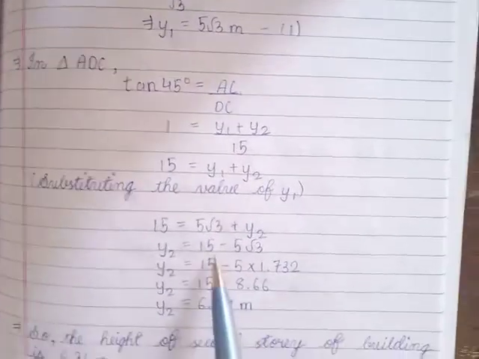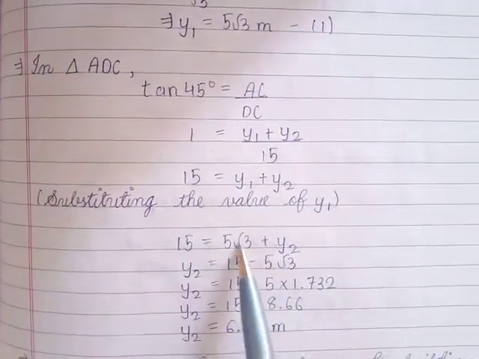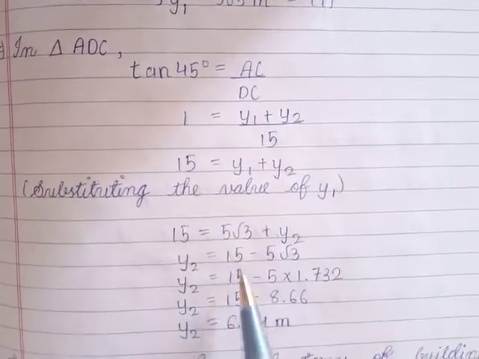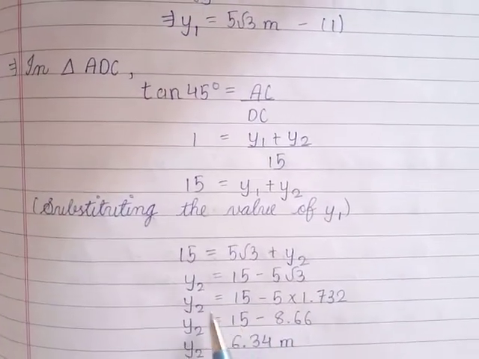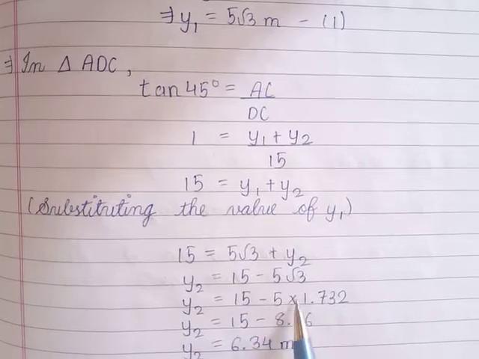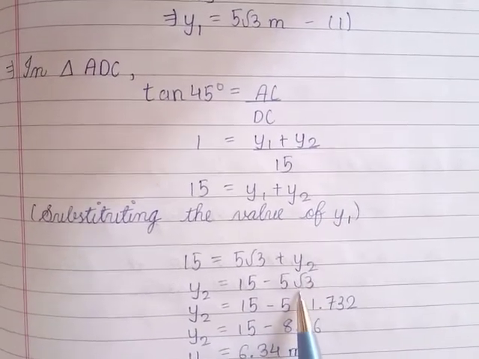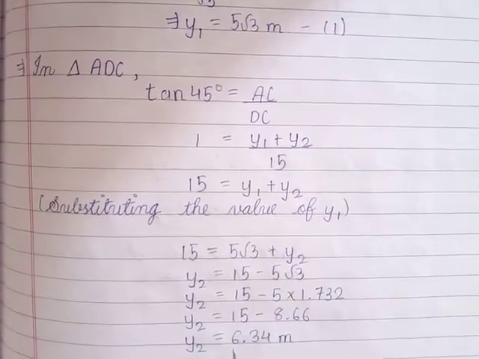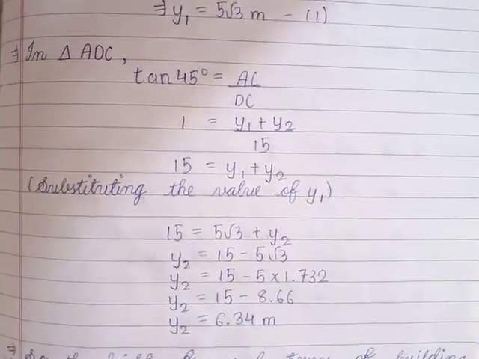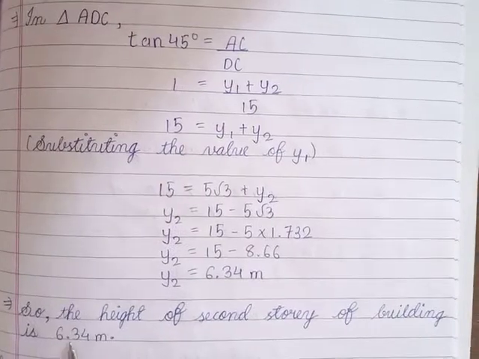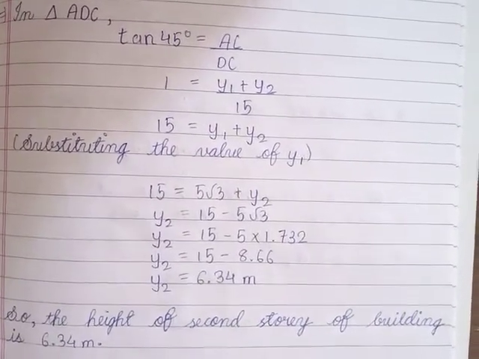So y2 is equal to 15 minus 5 root 3. Substituting the value of root 3, you will get y2 is equal to 6.34 meter. So the height of the second story building is 6.34 meter.